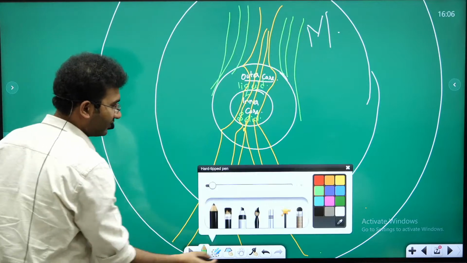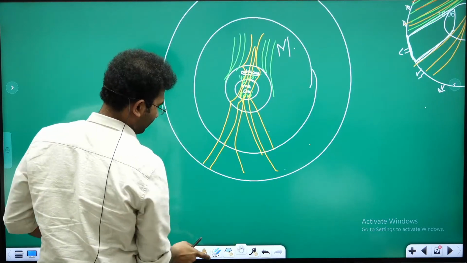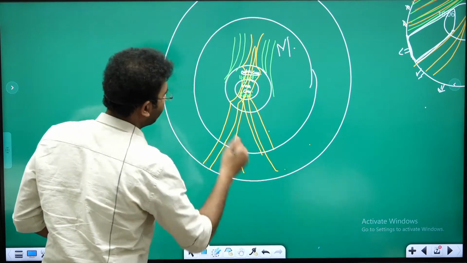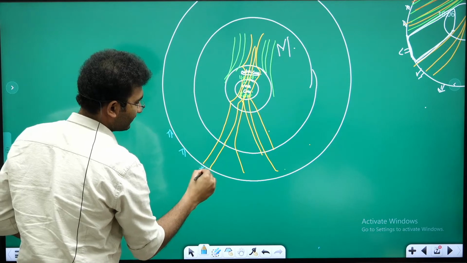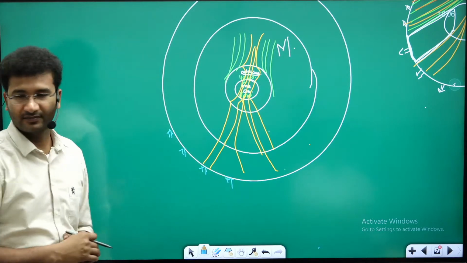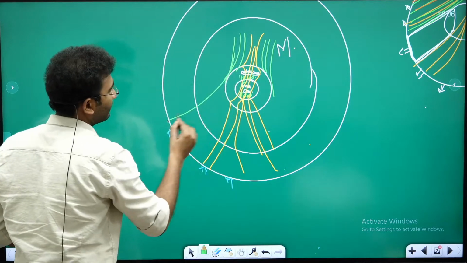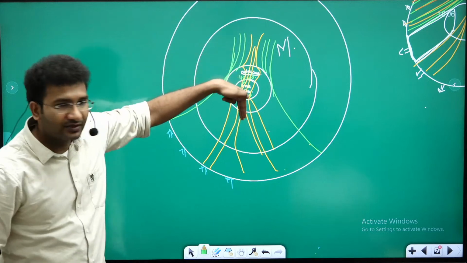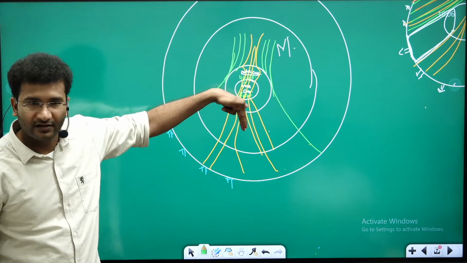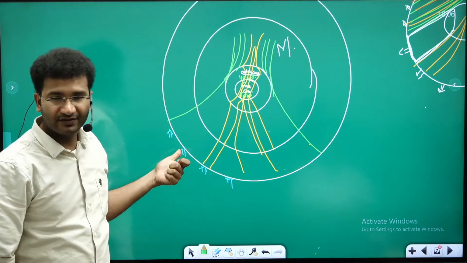So do you find the S wave in a seismograph which is placed here? Because your S wave is like this bus. It cannot pass through the liquid layer, right? So this particular area is called the S wave shadow zone.